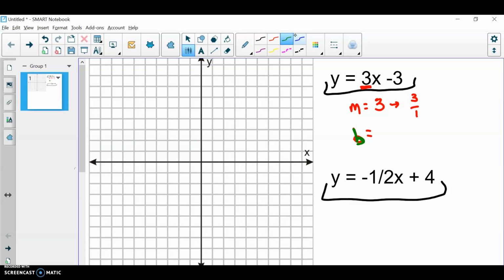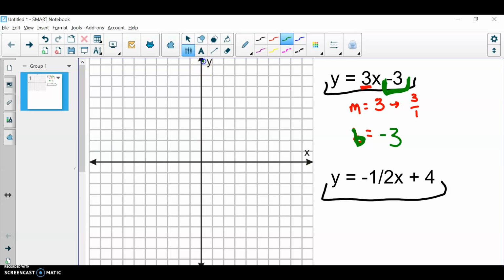But let's look at the next part, the y-intercept, the b, because that is what we actually need to start with. The b of this equation comes from the part that is just to the right of that variable x. So in this case, we have -3 as our y-intercept. This y-intercept tells us where this equation is going to cross the y-axis.